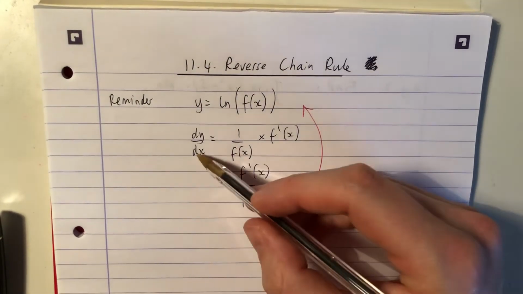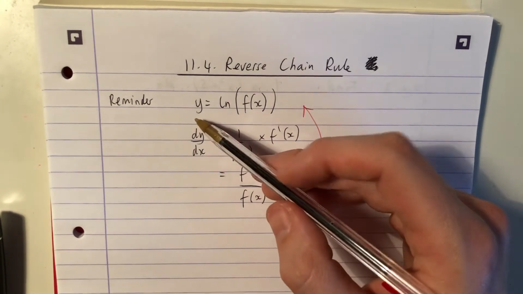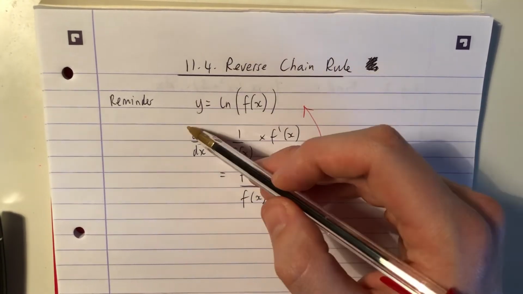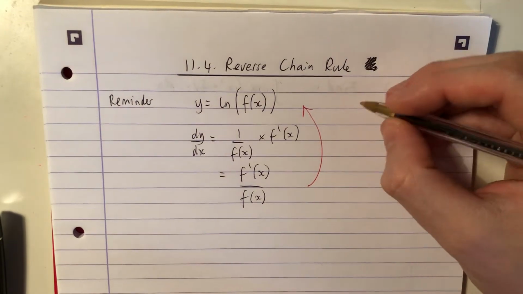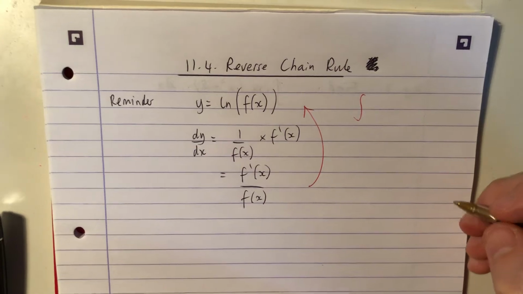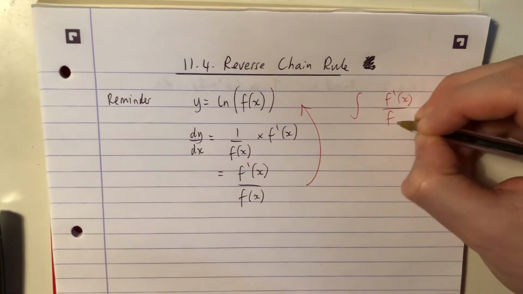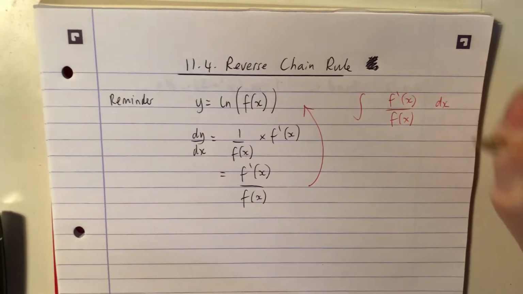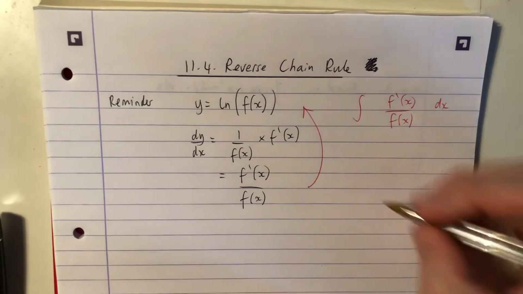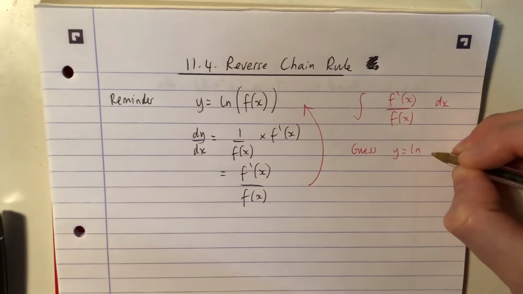Now, what we're going to be doing today is doing this, but in reverse. So you're actually going to be given functions which look like this, and you have to guess these. So if you have to integrate something like f dashed of x over f of x with respect to x, you're going to have to guess y is equal to ln f of x.